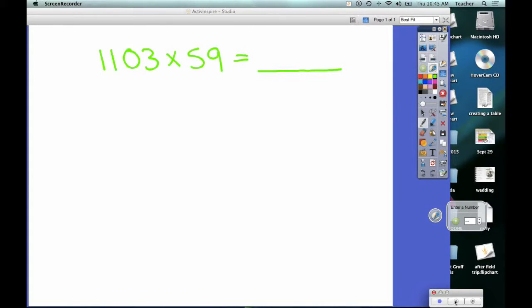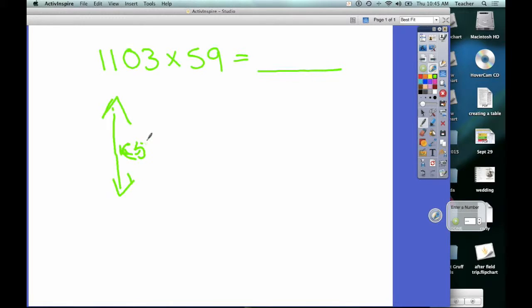So first, what we're going to do, we're going to want to draw the vertical number line. And we're rounding the first number, so we're going to want to put the 1 right there. And we're going to want to put the 1 parentheses 5. And then the 1 becomes a 2.